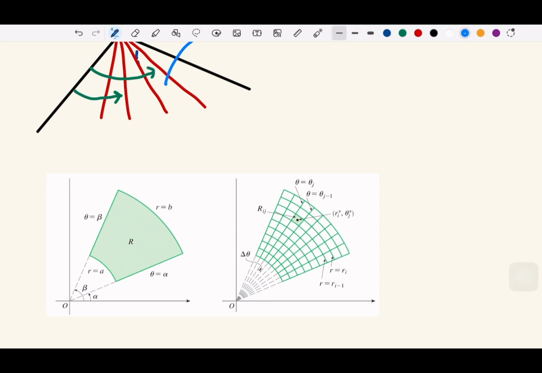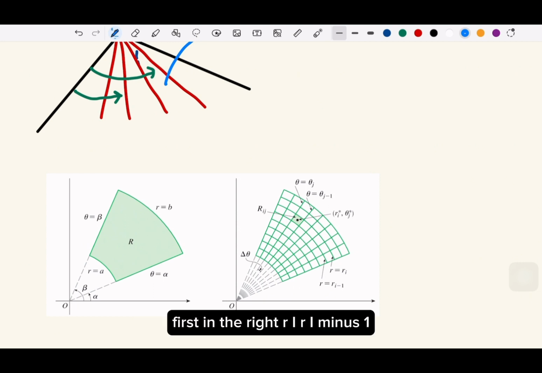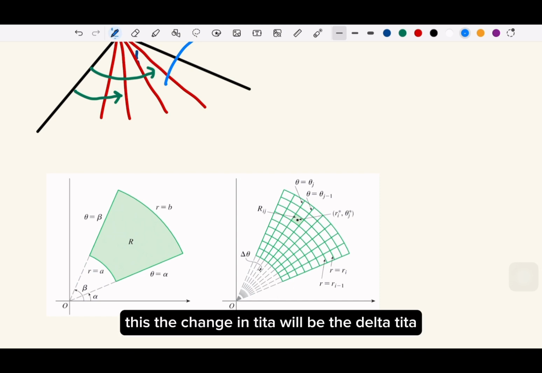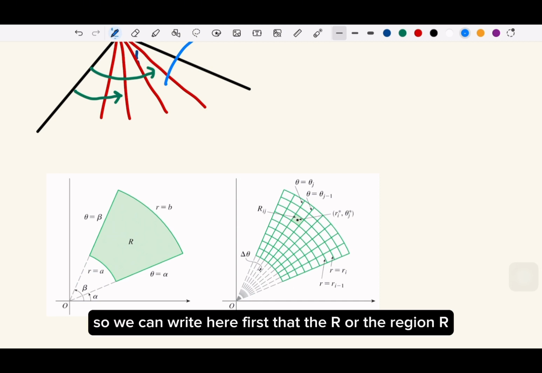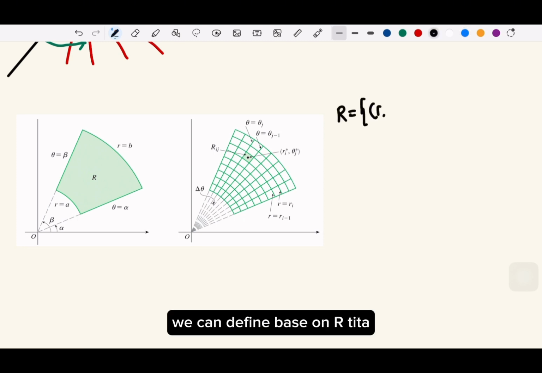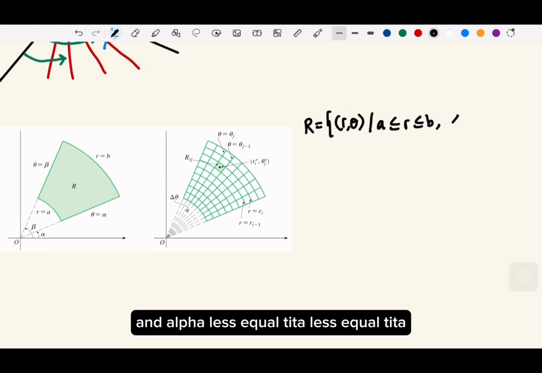Okay, and all the terms we can write ri minus 1, which means the previous one, and also theta j minus 1 and theta j. So we can see that the change in theta will be delta theta. So we can first define the region r based on r theta: a less than or equal to r less than or equal to b, and alpha less than or equal to theta less than or equal to beta.